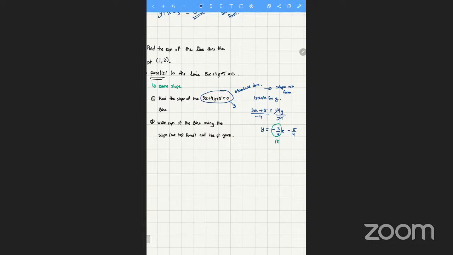You will basically bring your 4y to the other side, so it's going to become negative 4y equals 3x plus 5. Then how do you get rid of the negative 4, Aisha? You're going to divide both sides by negative 4.